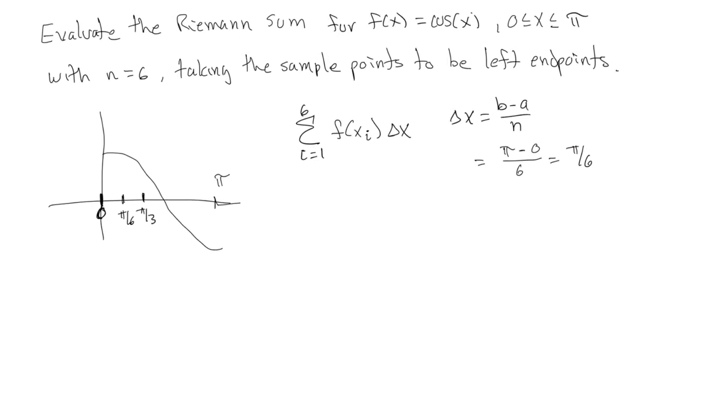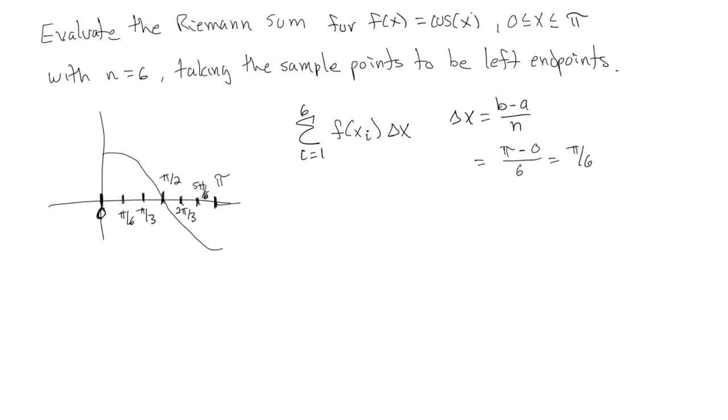And then I'll move another pi over 6, so I got 1 pi over 6, 2 pi over 6, 3 pi over 6 is really pi over 2. And then I got 4 pi over 6, 5 pi over 6, and then of course 6 pi over 6 is pi. So 4 pi over 6 is really 2 pi over 3, and then this was 5 pi over 6, and then we had our 6 pi over 6.